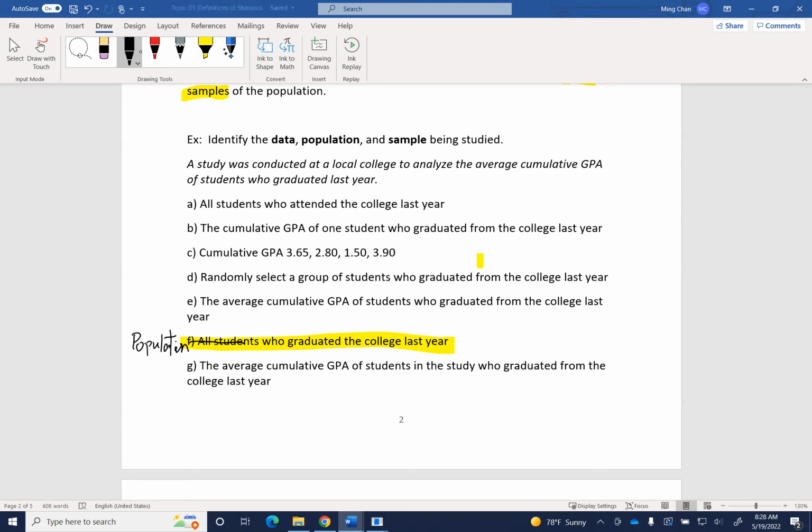All right, so what can the data be? The data has to be the cumulative GPA. So C is the data. The cumulative GPA of one student who graduated college last year cannot be it, that's just one thing. This is one student. So all my data has to be cumulative GPAs, such as 3.65, 2.8, 1.5, 3.9.